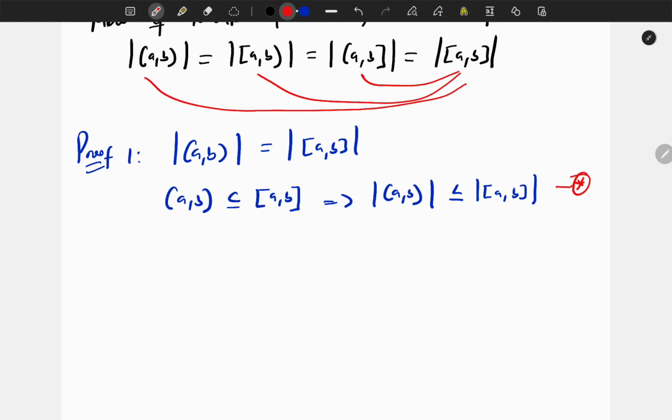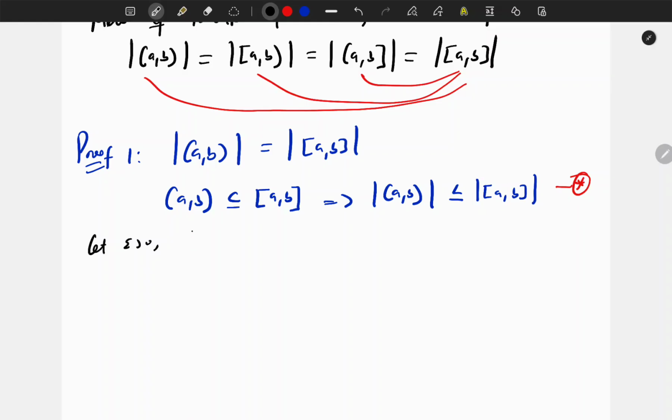So the second direction, we can define some sequence of open intervals that will cover this. Let epsilon be greater than 0.